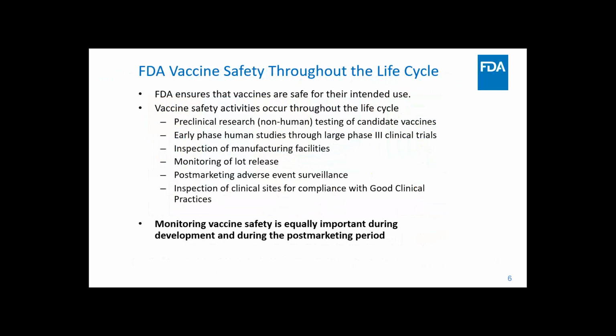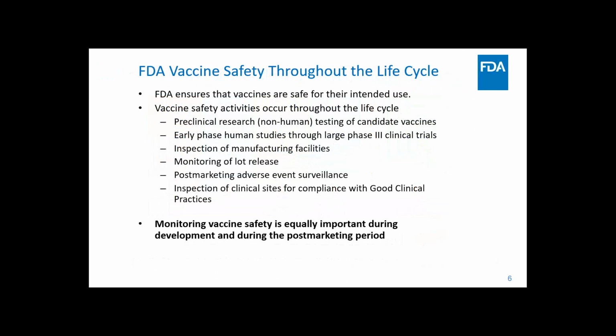So, just to emphasize, FDA ensures that vaccines are safe for their intended use throughout the life cycle. That spans preclinical and non-human testing of candidate vaccines, early phase human studies, and the large clinical trials in phase 3. There's inspection of manufacturing facilities. There's monitoring of lot release. There's post-marketing adverse event surveillance.